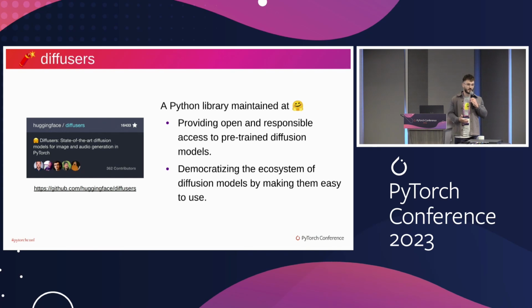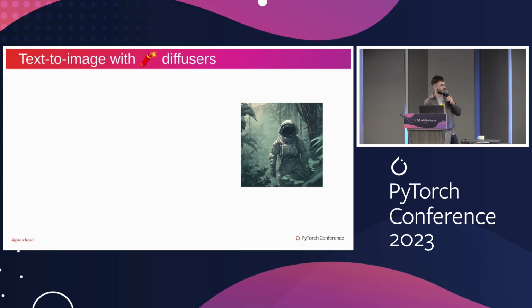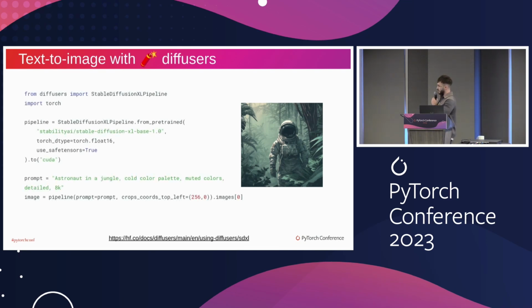And to do this, we try to have a very simple, very easy to use API to make it simple to anybody that doesn't necessarily understand what's happening under the hood to still be able to use them. And so to dive a bit into the code, to generate the following image, like an astronaut in a jungle using the Diffusers library, this is the amount of code that's required.